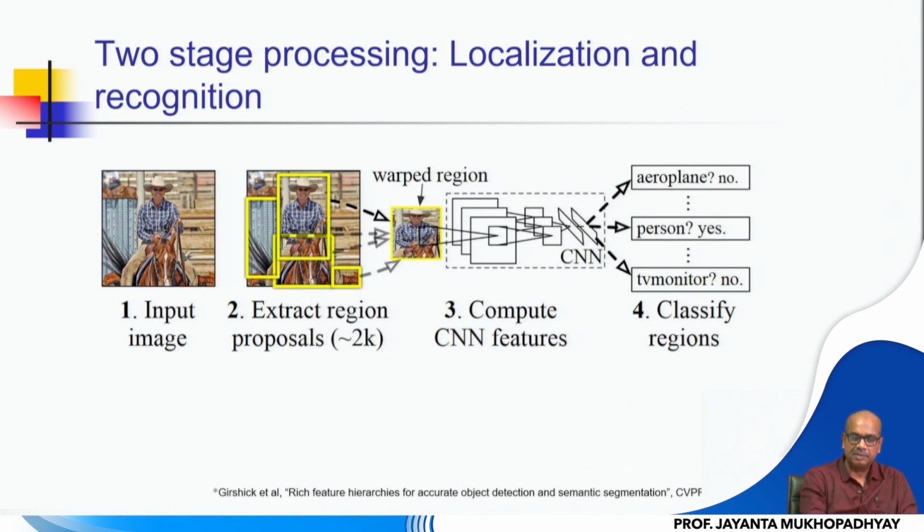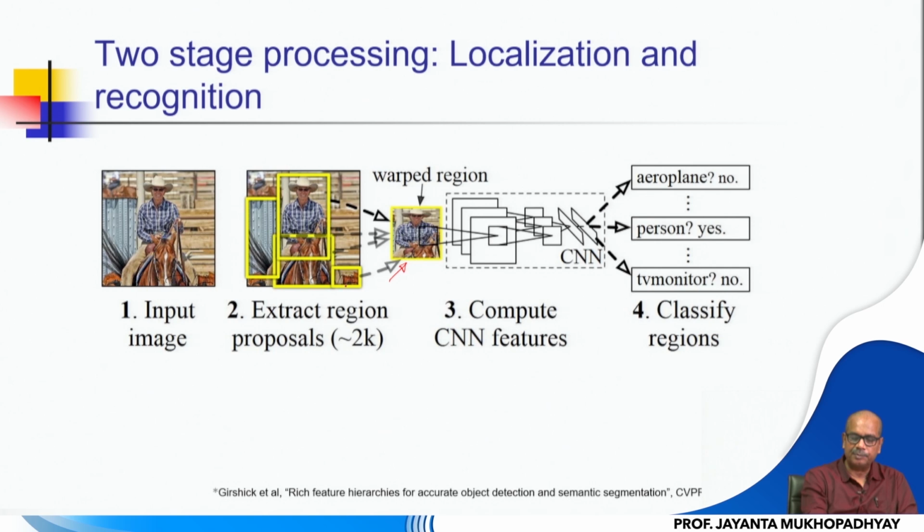Suppose you have some kind of handcrafted way, or I should say classical way, of extracting regions of possible objects. Those regions we call candidate regions or proposed regions. So there is a term called region proposal.